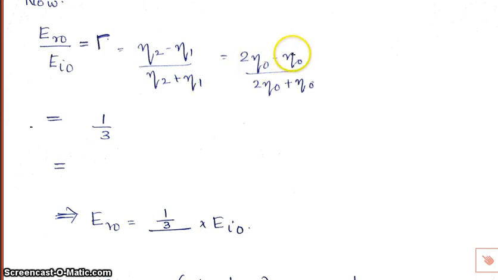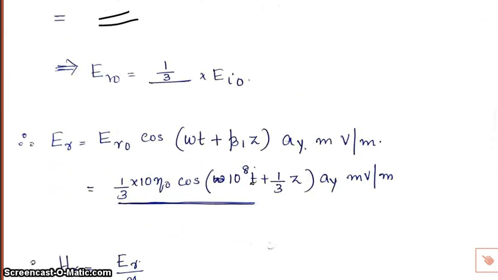Then you can write eta 2 and eta 1 in terms of eta 0, which gives 1 by 3. That is, E_r0 by E_i0 equals 1 by 3. So from that, E_r0 is equal to 1 by 3 into E_i0. So you got E_r0.